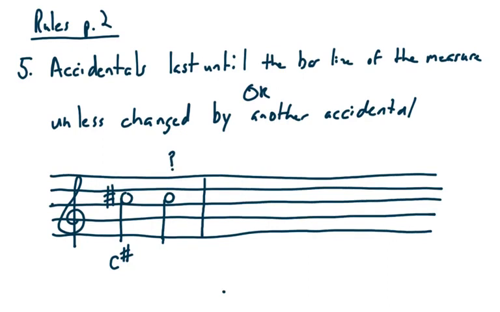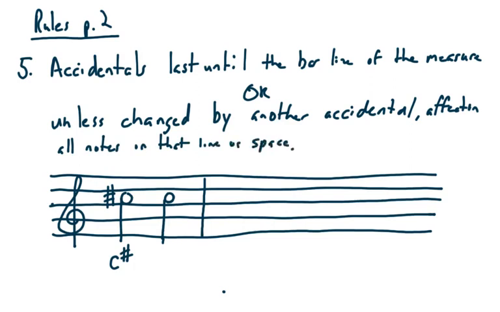Okay, so now the question becomes, what is this? Well, accidentals last until the bar line of the measure that comes on. Okay? And they affect every note after it. Matter of fact, I'm going to erase that and put that in here. Affecting, I'm going to erase this question mark, all notes on that line or space following the rules above.